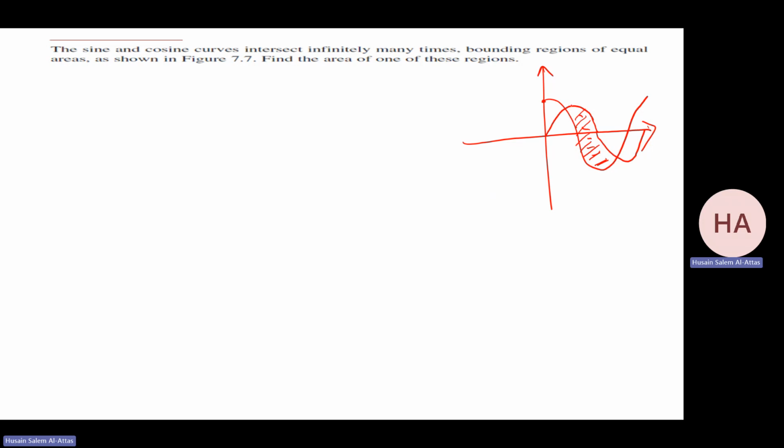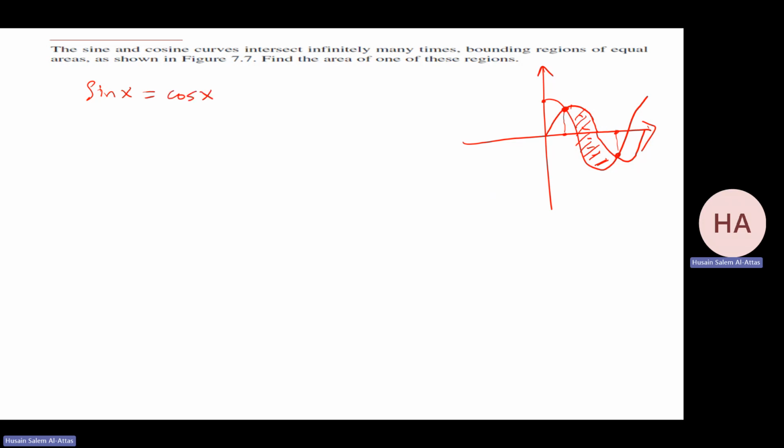Now I need this point. Also, I need this point to know the x values. So the integral from where to where? Okay, so how to find these 2 points? I need to check the intersection point. So I need sine equal cosine.